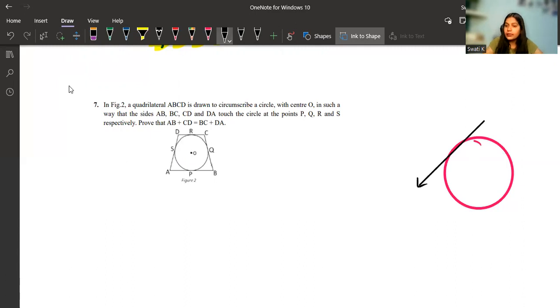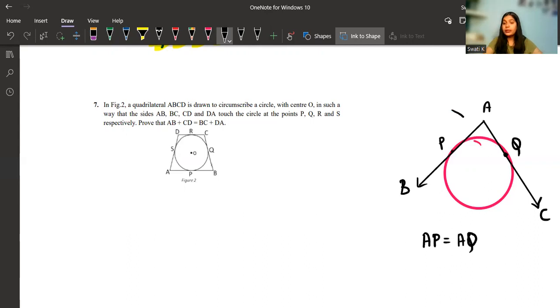Suppose there is another line like this. For example, this is A, this is B, this is C, and this point where it is touching is P, and this point is Q. So in this case, remember that AP is equal to AQ.